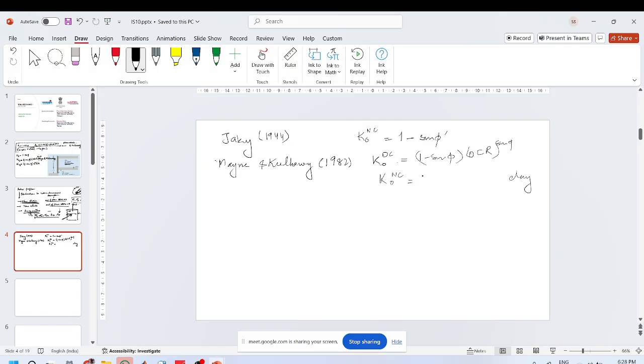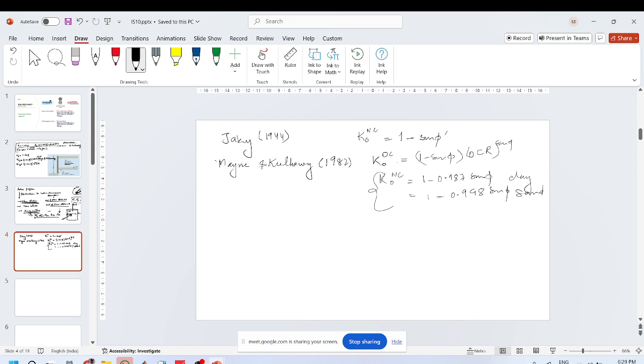For clay it is 1 minus 0.987 sine phi. For sand it is 1 minus 0.98 sine phi. Usually we don't use it.